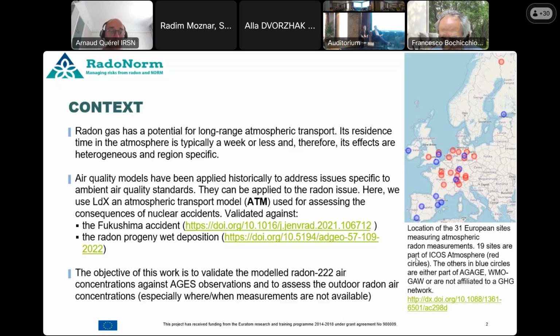It was previously validated against the Fukushima accident and against radon progeny wet deposition. The objective here is to model and validate the radon 222 air concentration against the AGES observations, the radon observations made in Austria.